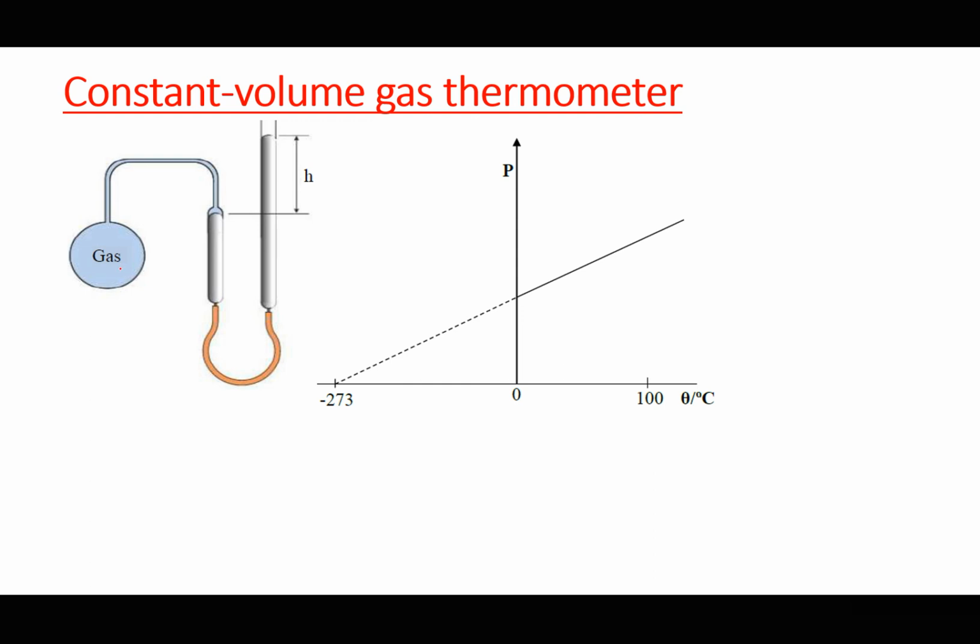So here we have a gas, here we have a liquid. Because it is a constant volume gas thermometer, the thermometric property is going to be pressure. So we are going to see that if two thermometers rely on gas, even if the gases are different, even if the thermometric properties are different, the difference in temperature measured by the two thermometers becomes smaller.